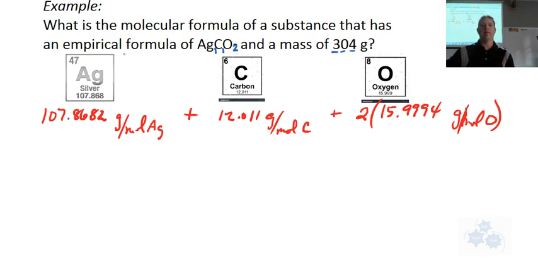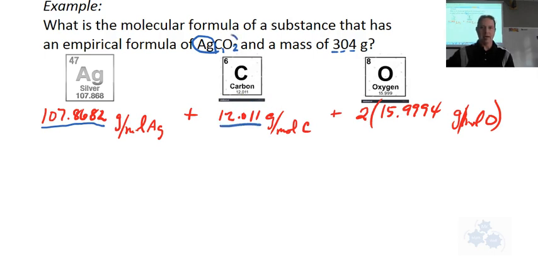So the empirical formula mass comes from 1 silver, and so here I just got a snapshot of the silver from the periodic table. So that's where I get this number from, 107.868 2, and the one that I used. So use all the decimal places that you can on your chart. And that's one of those plus 1 carbon, 12.011.